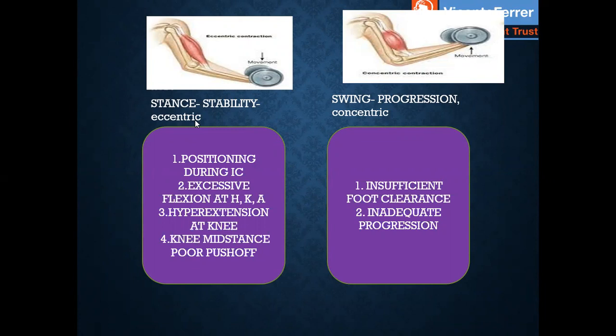As we have seen, there are two main phases in the gait. That is stance and swing. The stance, more or less, is giving the stability for the whole body, and we'll see what problems occur in stance, or whether there is any problem in the initial contact.